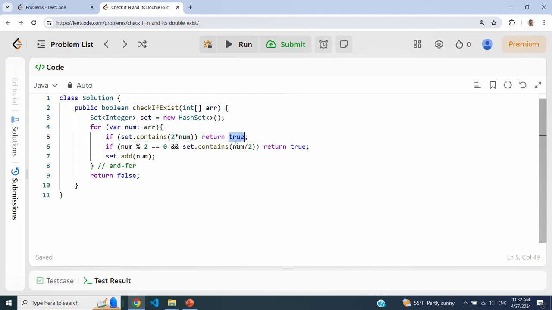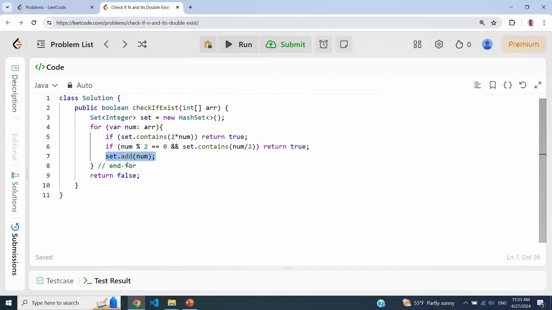If I did, I return true. Otherwise, I ask if half of this number exists, but only if this number is an even number. If it is odd, I cannot ask that question. So if the number is even and I have seen half of this number before, that means I'm going to return true, because half of this number and its double already exist in the array. Otherwise, I insert it into the set and move on.